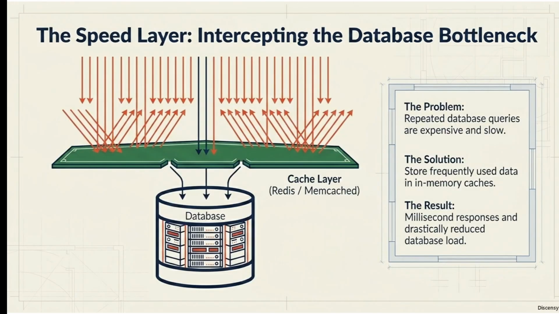The speed layer, intercepting the database bottleneck. Right. The problem we face: repeated database queries are expensive and slow. Imagine you are using ChatGPT, and if you keep giving input continuously, then the API limit is always exceeded by the number of times you provide input.